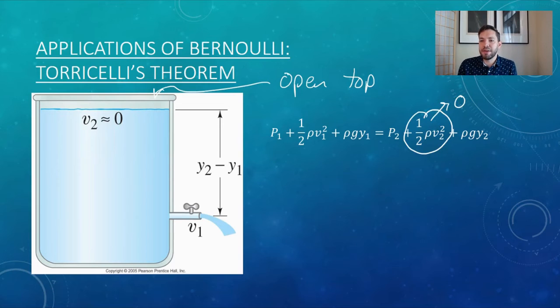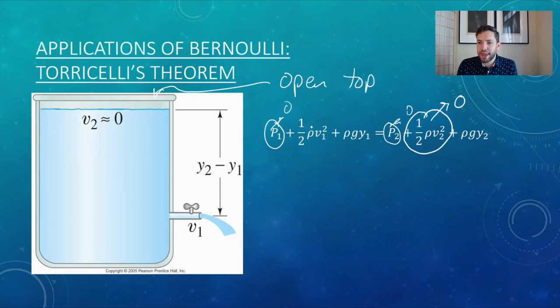The other thing is that because this is open to atmospheric pressure, the pressure up here and the pressure down here, because this spigot is also open to atmospheric pressure, are going to be the same. So the pressure terms will also cancel out. It's not that the pressure is zero, it's just that they're the same, so we can just subtract them from both sides.